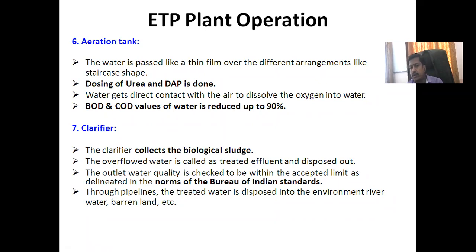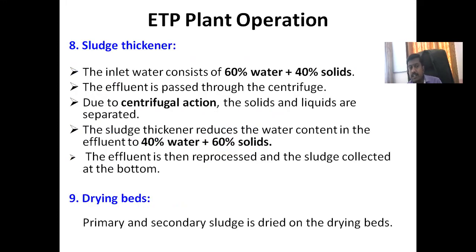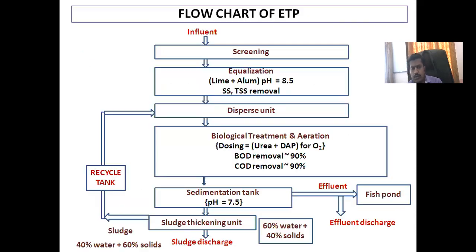Clarifier, it collects the biological sludge. म्हणजे ही काय जी वेस्ट वॉटर वरती ट्रीटमेंट झालेली आहे, जी काय घाण आहे, ज्या काय इम्प्युरिटीज आहेत, त्याला स्लज असं तुम्ही म्हणता. Residual which has been left, it will collect that residual. Okay. It will collect that residual and then in the sludge thickener or the drying beds we are going to store it.